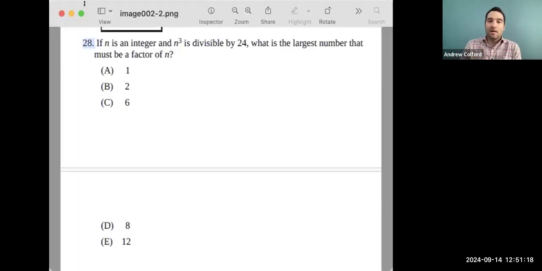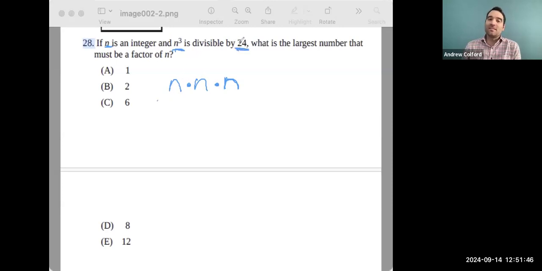All right, so this again is from Elaine. If n is an integer and n cubed is divisible by 24, what is the largest number that must be a factor of n? Okay, so n cubed is the same thing as n times n times n, three integers that are multiplied together.